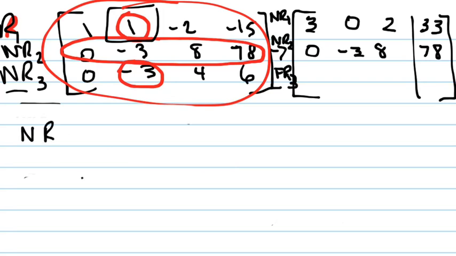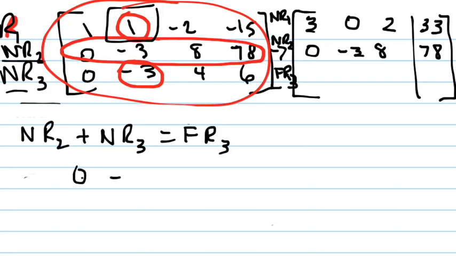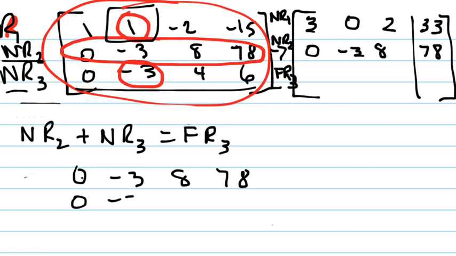New row 2 plus new row 3, and we're going to get our final row 3. Okay? Well, new row 2, we know what that is. It's right there, right? New row 2. 0, -3, 8, and 78. New row 3, it's this thing. So that's 0, -3, 4, and 6.